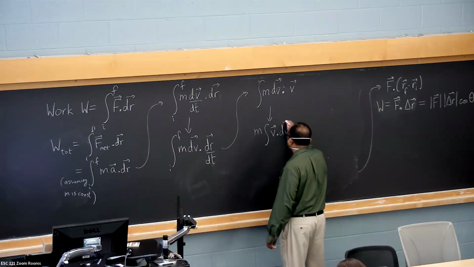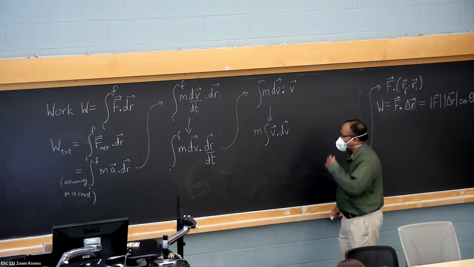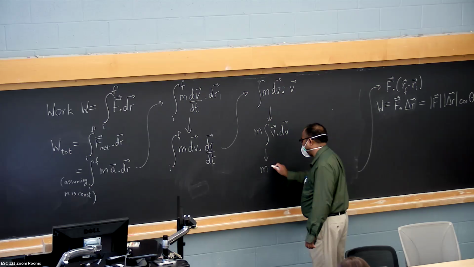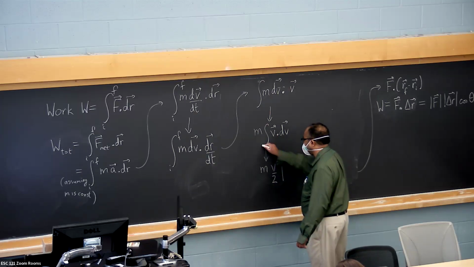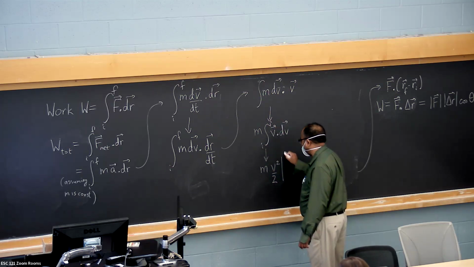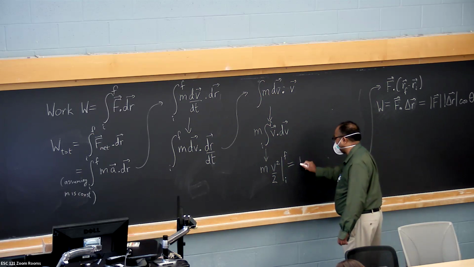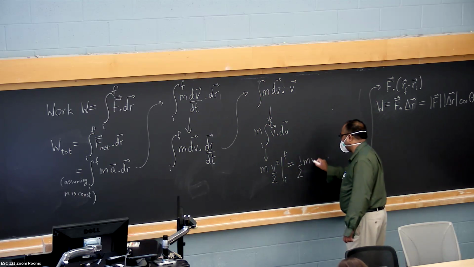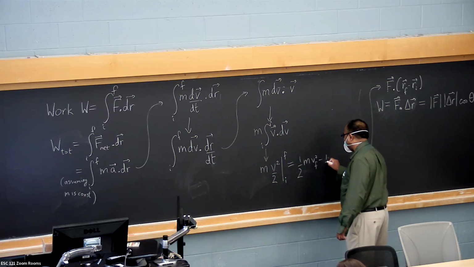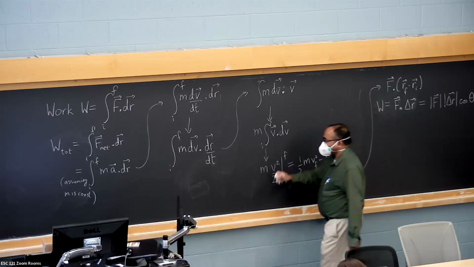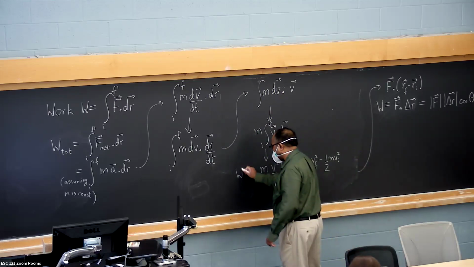the integral of v dot dv. And so then this becomes m v squared over 2. And so this becomes 1/2 m v final squared minus 1/2 m v initial squared. And what we started with was total work.